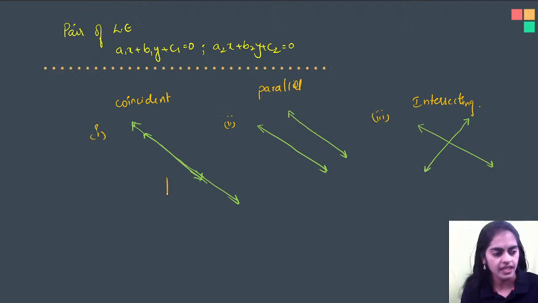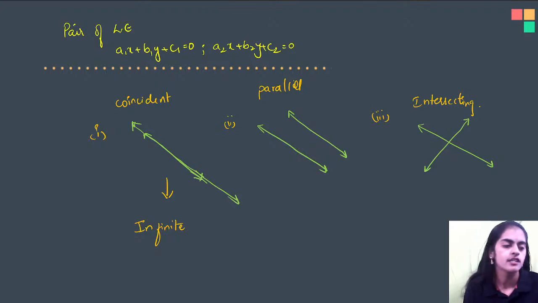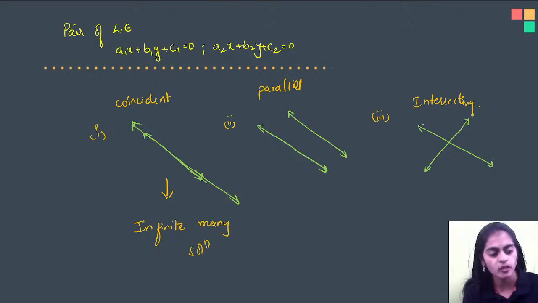And let me tell you, if the lines are coincident, you will have infinite solutions. What is the meaning of solution? A point which satisfies the line is the solution for that line. So here you can see every point satisfies this line. So I can say there are infinitely many solutions because the line can be extended infinitely.